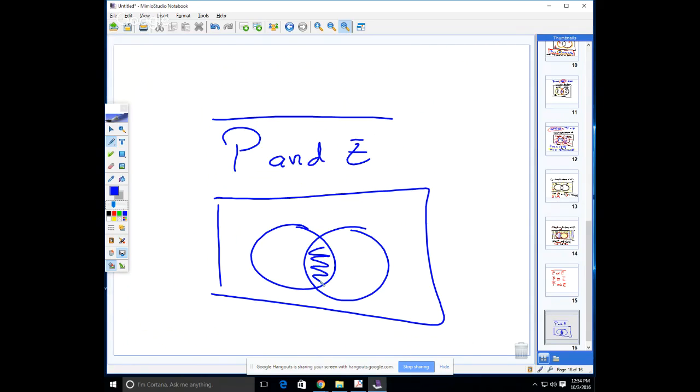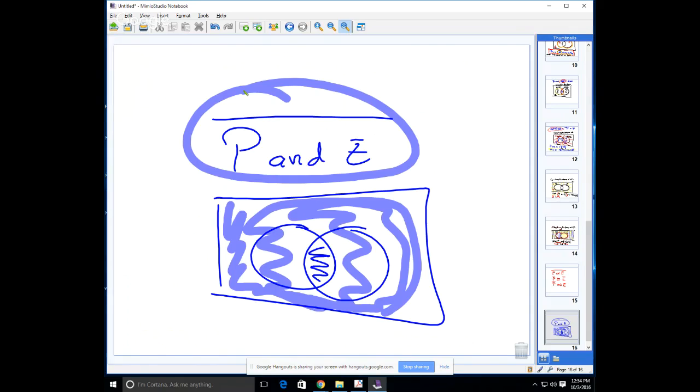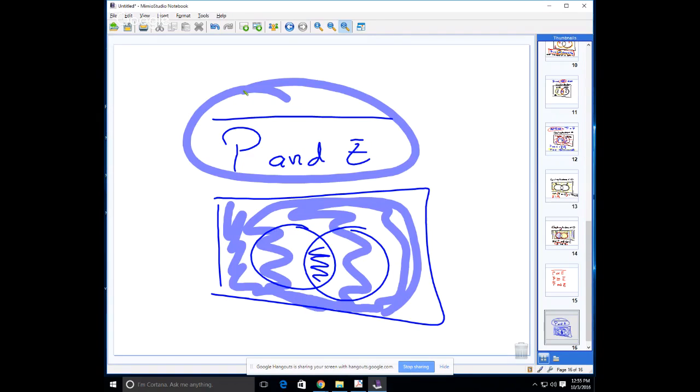If I say not that whole thing, that would be everything outside, like that, if I do the not. Does that make sense? Because without the not, P and E is that little intersection. When I put the bar over, that means take everything outside of that intersection, which is the shaded blue.